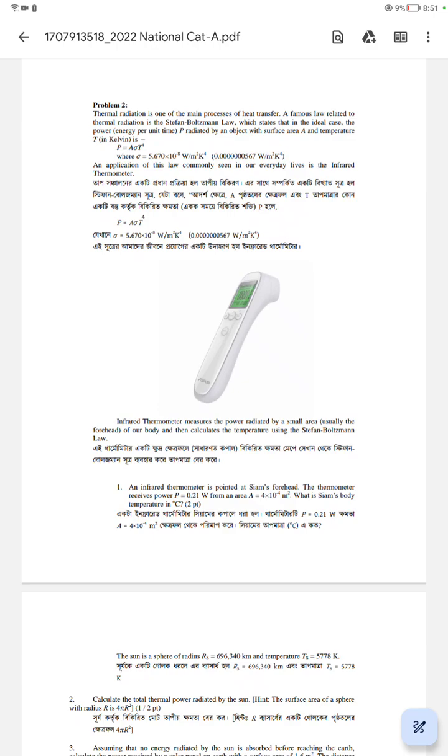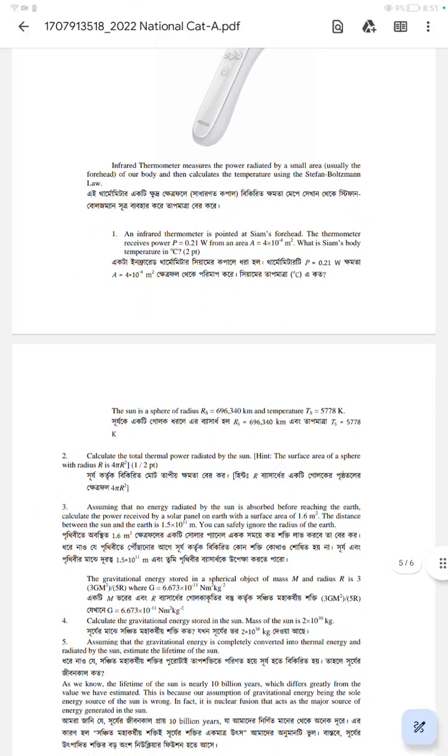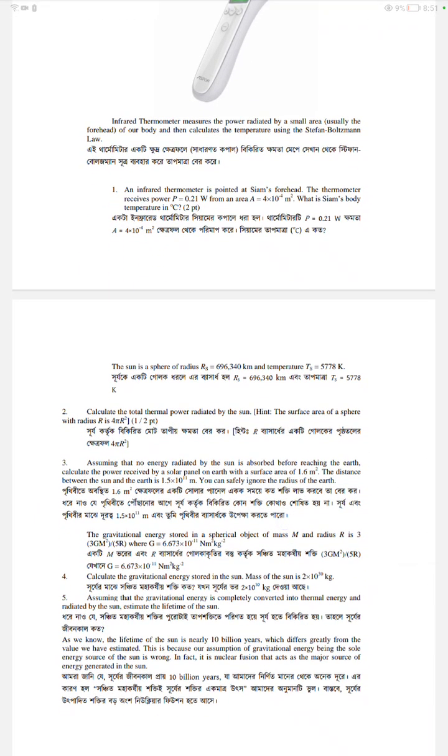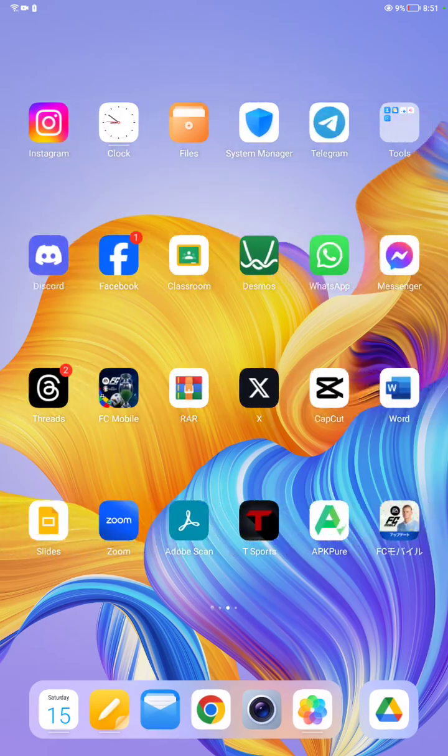So let's try to solve a problem if you get all the points. They give us the information. This should be simple algebra, it can be easily solved using algebra. So let's solve it.